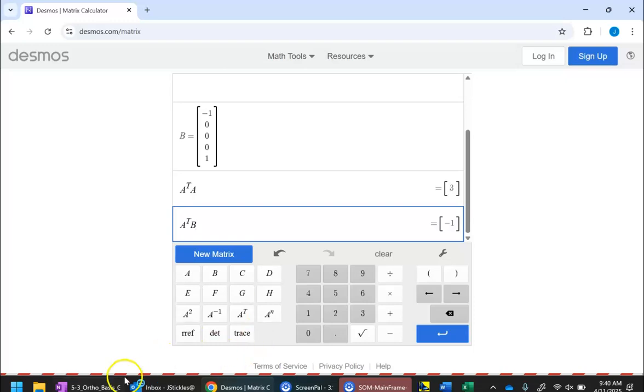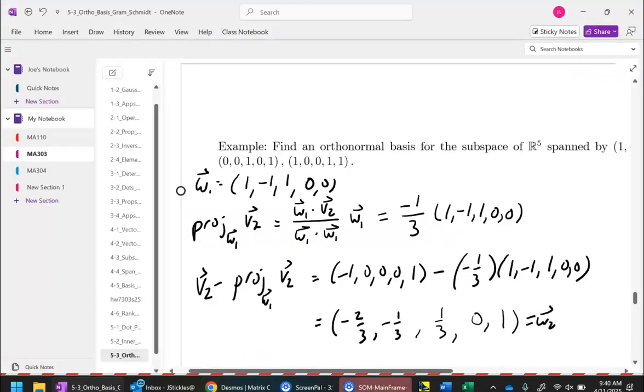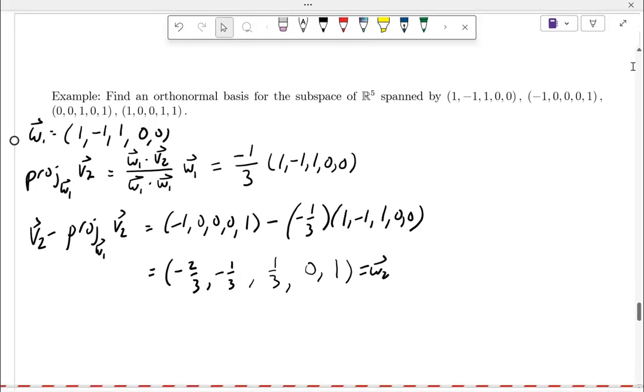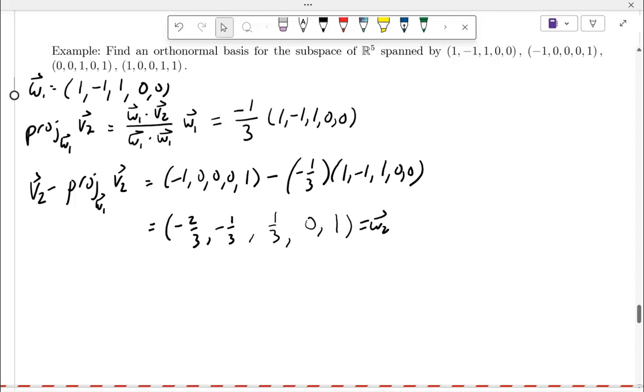Right? All right. So just to do one more step, I'm not going to go through all the steps because I want to do the next example too. What would the next step be without going through all the computations? Okay, good. Yep, your projection of V3 onto W, right?